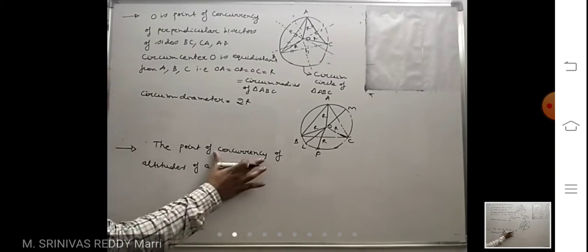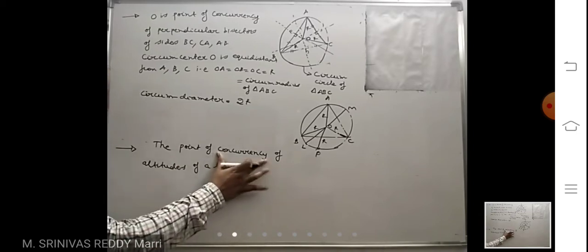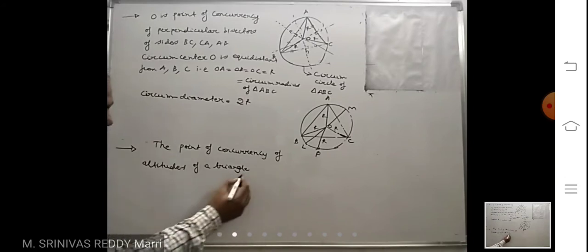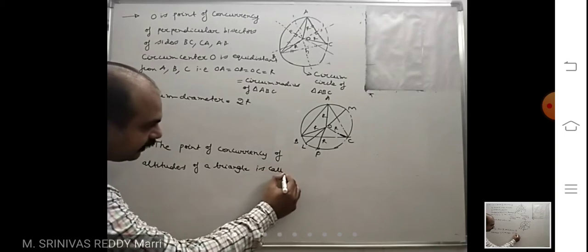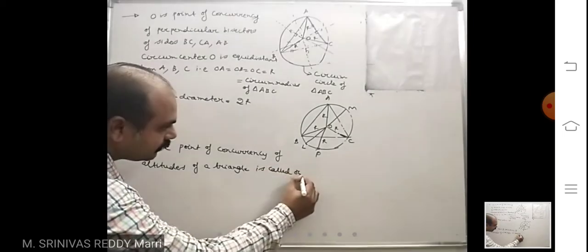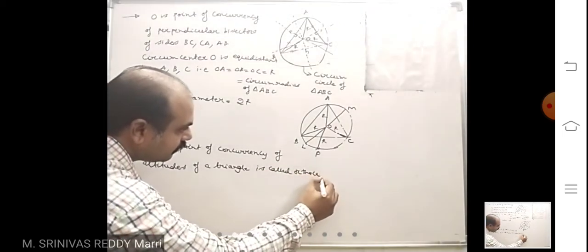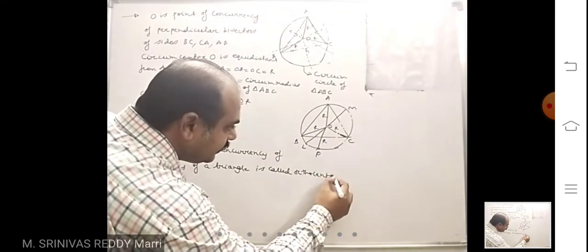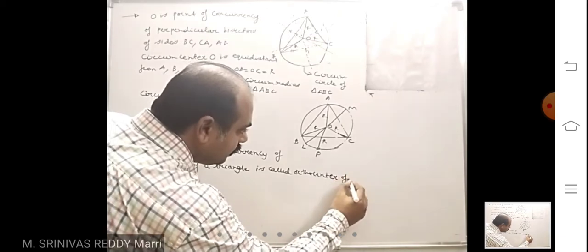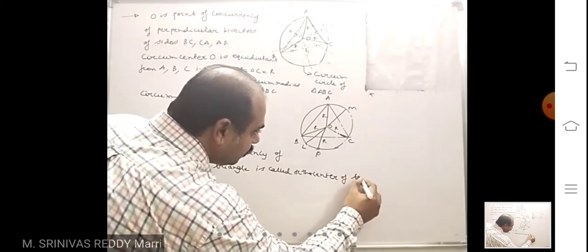The point of concurrency means the point of intersection. The point of concurrency of the altitudes of a triangle is called the orthocenter of the triangle.